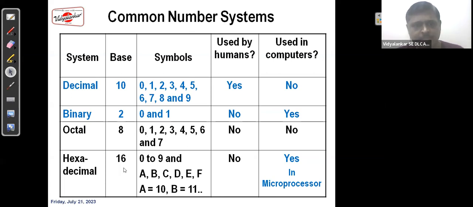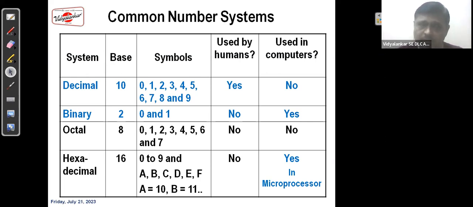And hexadecimal means base 16. This is slightly different. If you see the symbols, you will find that in hexadecimal, there are digits from 0 to 9, just like decimal, and there are some alphabets from A to F. So total 16 digits, 0 to F. And these alphabets are not characters. Please understand.